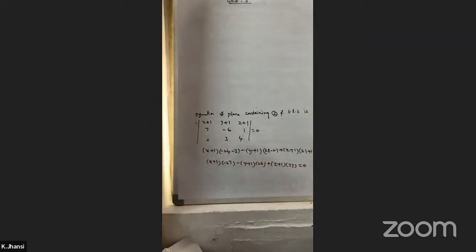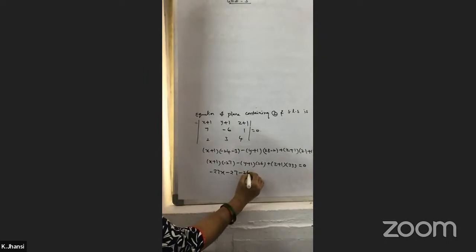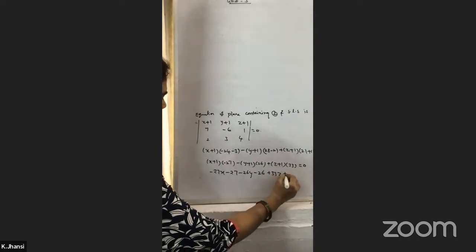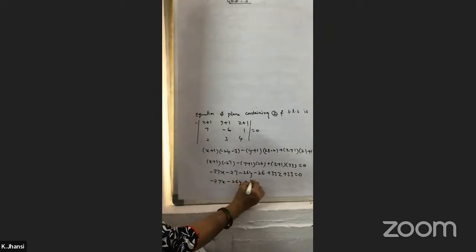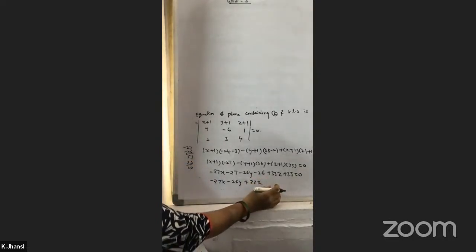equals 0. Okay. Now this is minus 27x minus 27 minus 26y minus 26 plus 33z plus 33 equals 0. So write the x term, y term: minus 26y plus 33z, and the constants minus 27, minus 26, plus 33 means we will get minus 20.